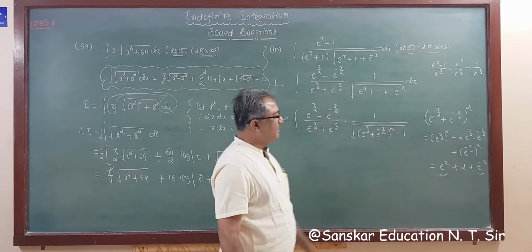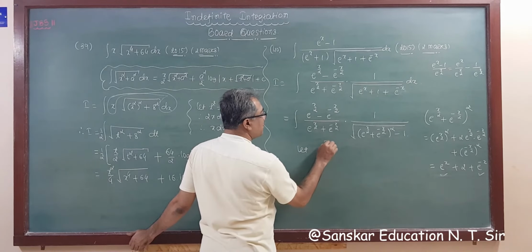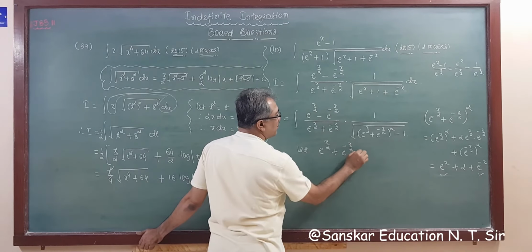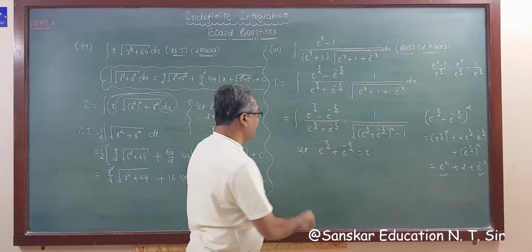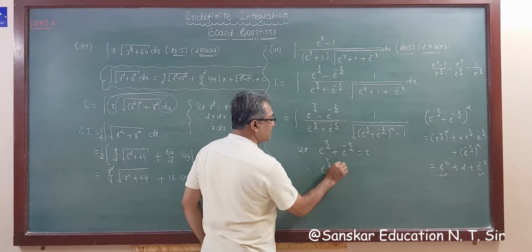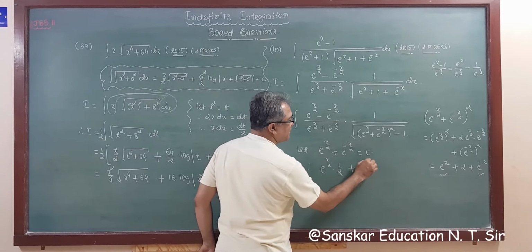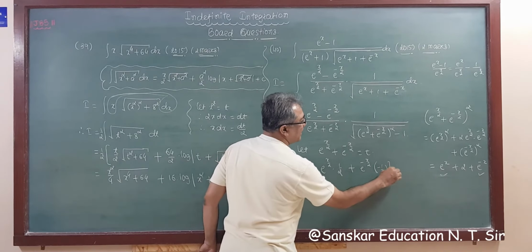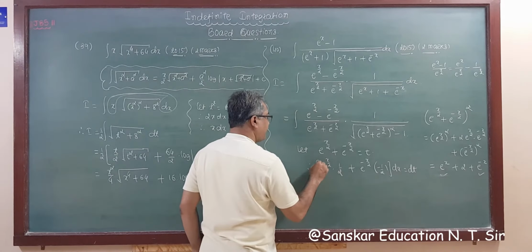Now, let e raised to x by 2 plus e raised to minus x by 2 be equal to t. So what is the derivative of this? We get e raised to x by 2, and the derivative of x by 2 is half, plus e raised to minus x by 2, and the derivative of this is minus 1 upon 2, times dx, equal to dt.